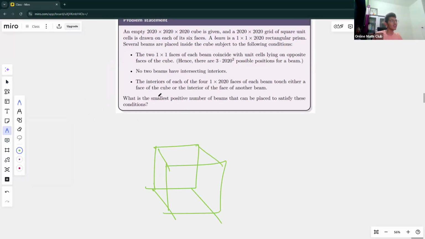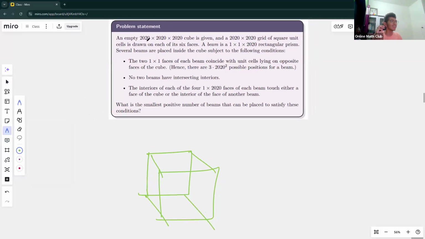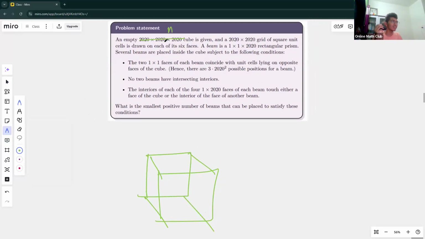Right now we can consider any n, but actually 2022 is relevant here. For this we have some beam, some structure like this.